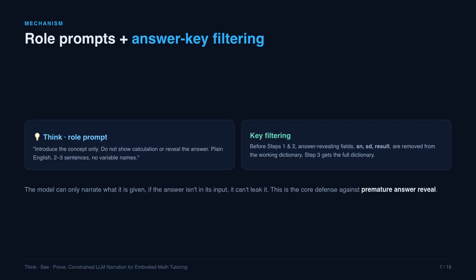Only the proof step receives the complete dictionary, with the answer included. This matters because it turns a soft request into a hard guarantee at the input level. The model can only narrate what is actually given. If the answer fields are physically absent from its input, this reduces direct answer leakage, no matter how the prompt is phrased. That is the core structural defense against premature answer reveal.